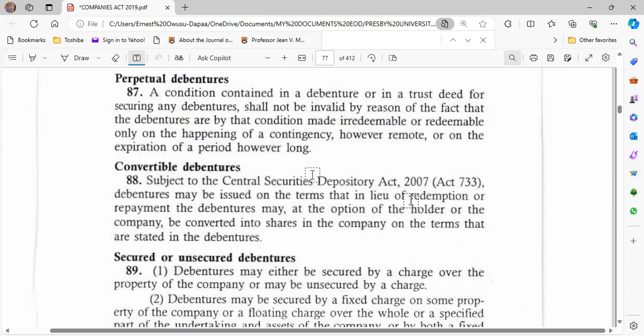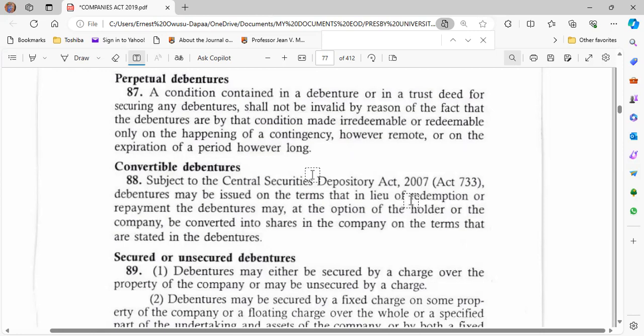So let's suppose that you create a debenture and say that, okay, this debenture will be redeemable upon commissioning of the seaport, which a politician called Shedder or something said he will make at Kumasi by dredging the sea there.